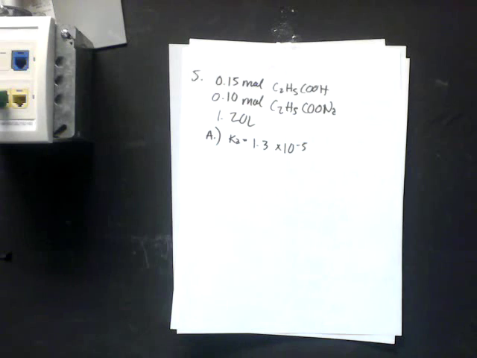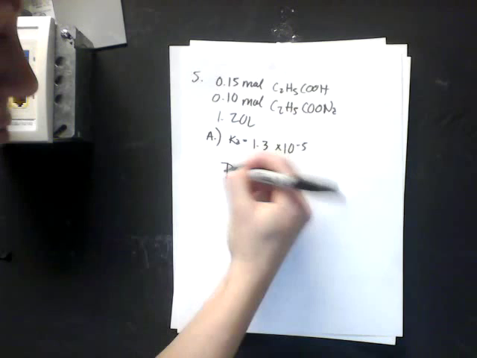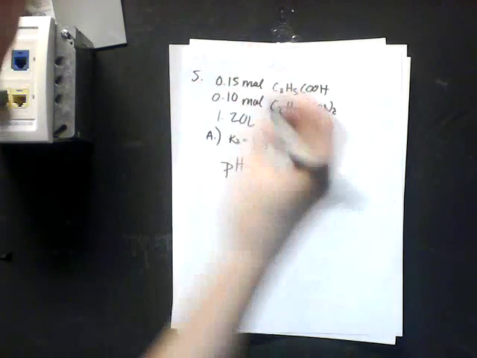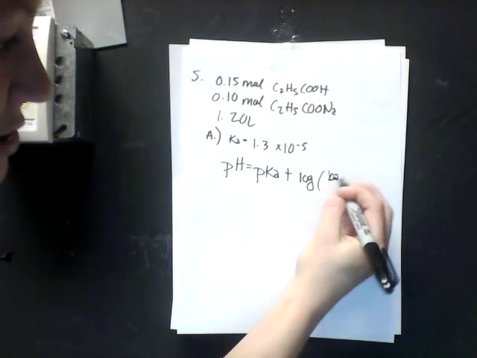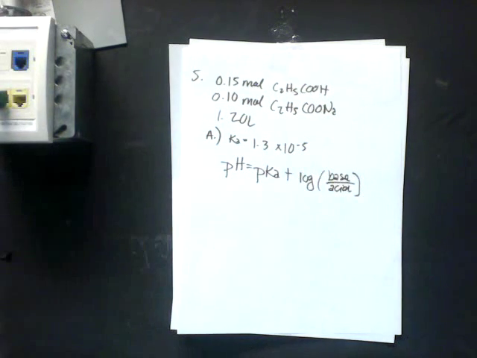You will never have to memorize Ka values. They will be given to you. Okay? So, we're talking about a buffer. What is the famous equation for buffers? Henderson-Hasselbalch, right? So, and that is that pH equals pKa plus log base over acid, right?